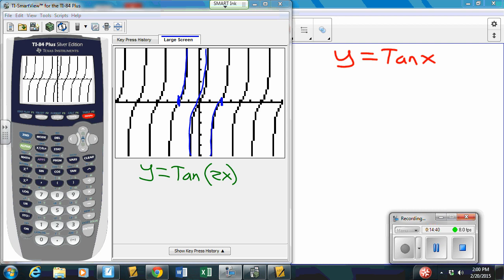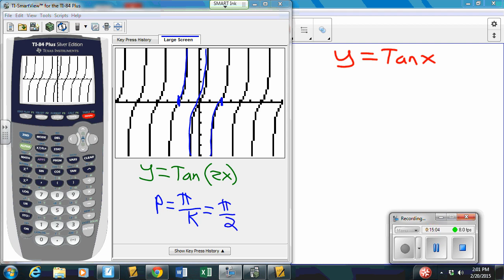No, not 1.5. What is your period? Your period is not 1.5. The period is equal to pi divided by k. What's k? This is an important question. So it's pi divided by 2.